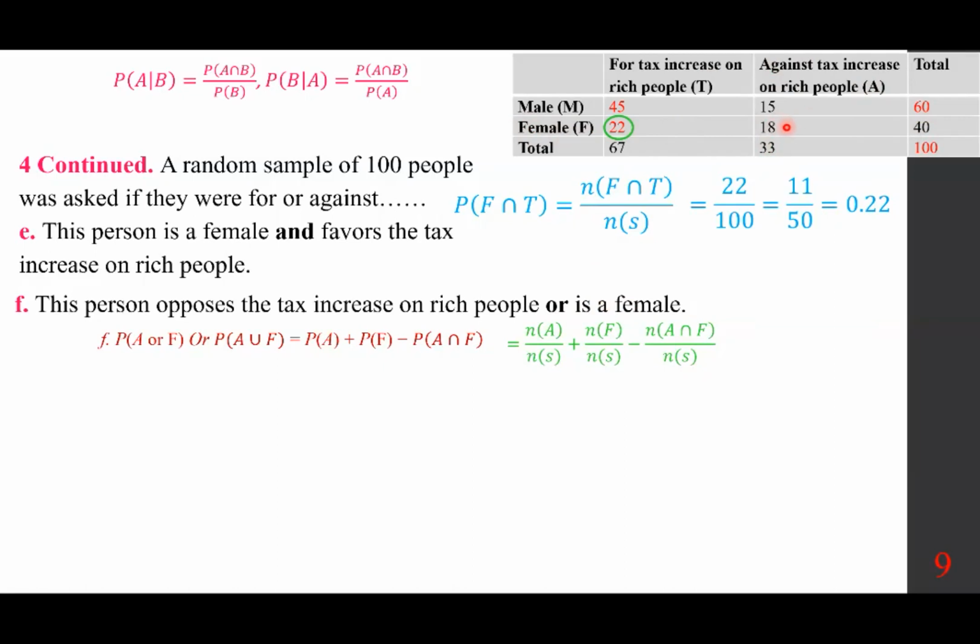What does it mean? 18 has been accounted for 2 times, once for this group and once for this group. That's why we take it out once. We add them up, 33 over 100, 40 over 100 minus 18 over 100. We get 55 over 100, which is 11 over 20 or 0.55.